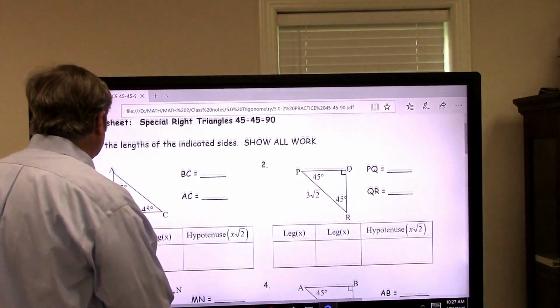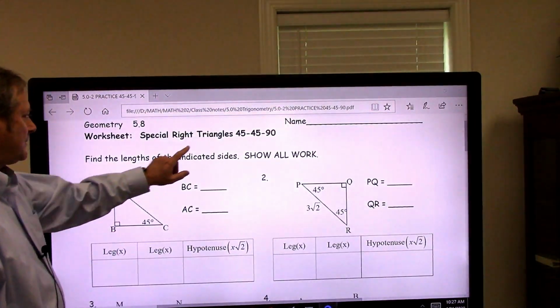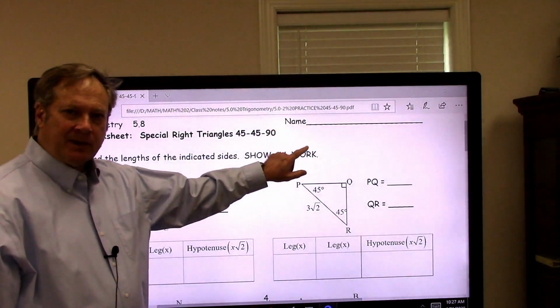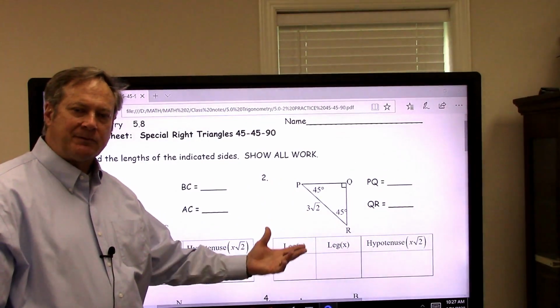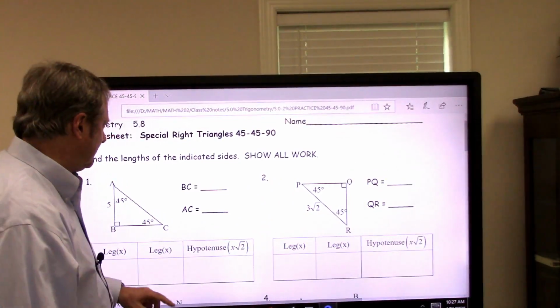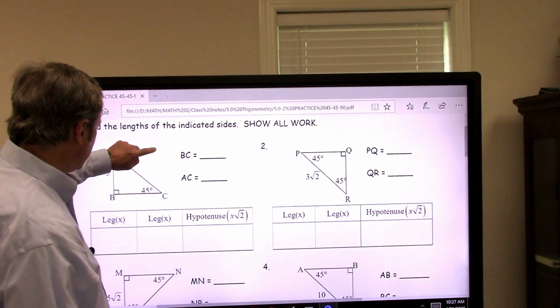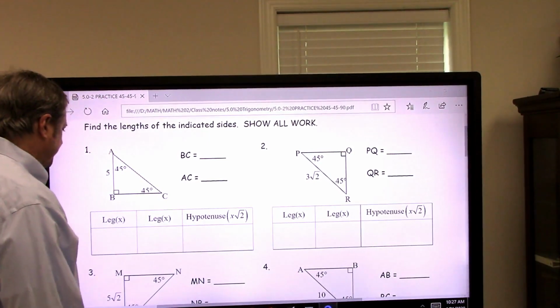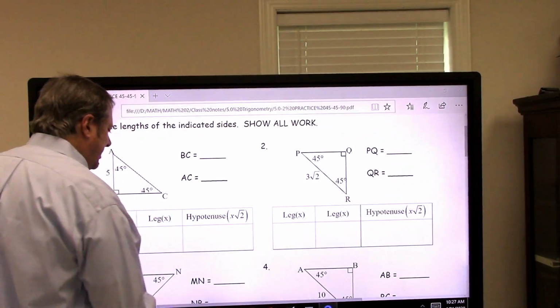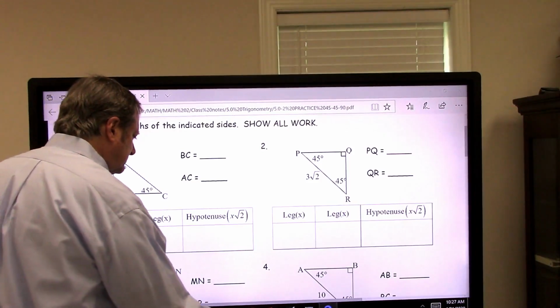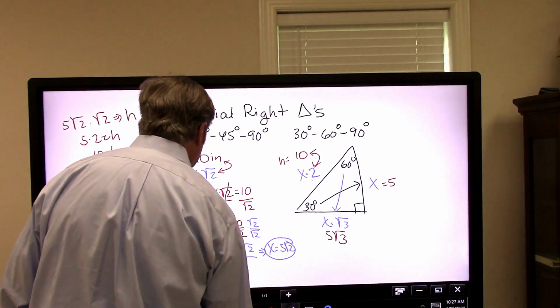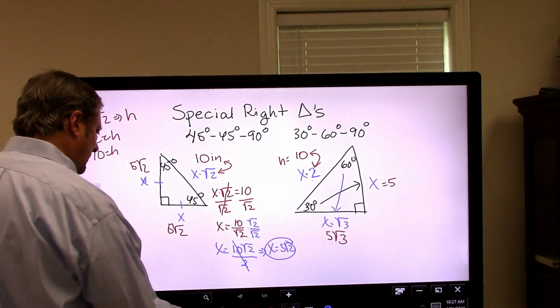All right, so let's see, which one is this? This is the one 45, 45, 90. There are two worksheets, 45, 45, 90 and 30, 60, 90. Let's do the 45, 45, 90 first. Okay, you've got to keep in mind, in fact, let me go back here and let's add a new page.